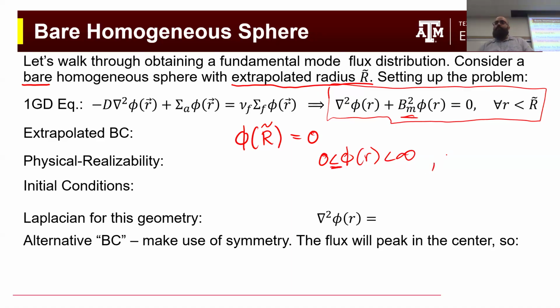And this has to be true for all values of r that are within the domain of the reactor, so from r equals 0 all the way up to the extrapolated radius. So that's my physical realizability condition.